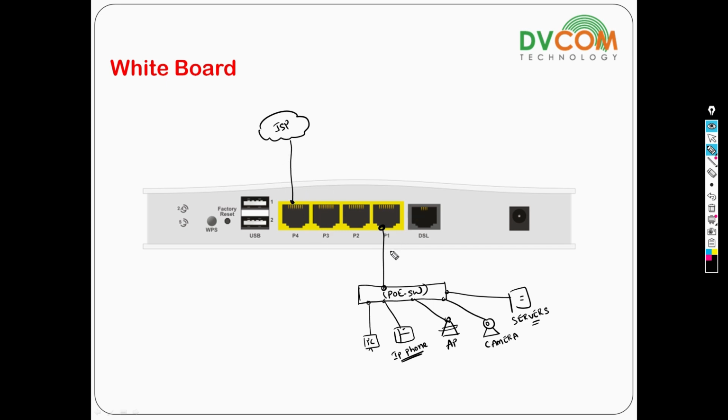By default, as I told you in my previous videos, the LAN interface is configured with 192.168.1.1, which is /24, and DHCP is enabled for this subnet, right guys?